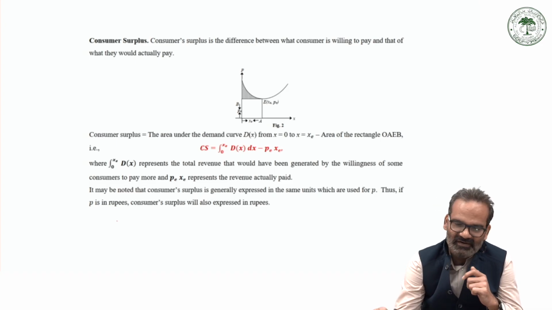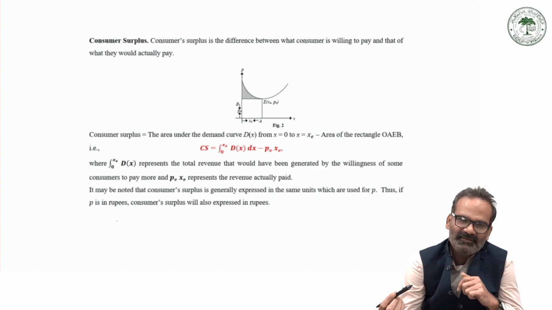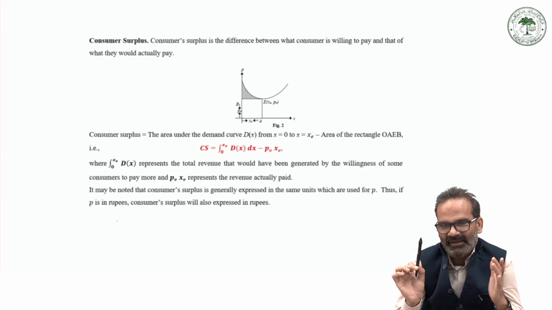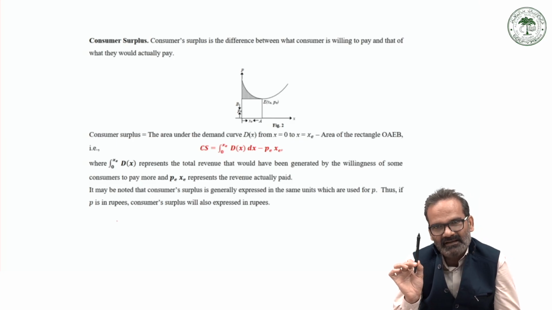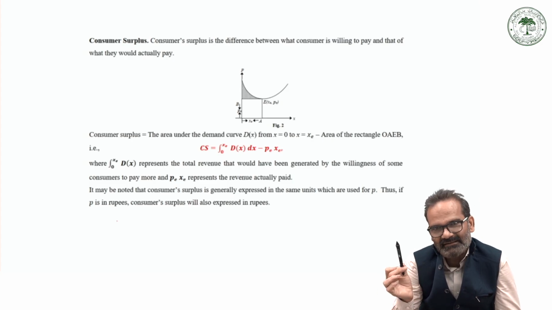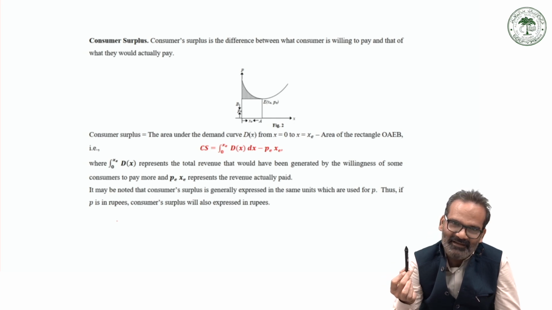This is the formal definition. For example, you are willing to pay 100 rupees for this pen, and when you go to the market, you are getting the same pen for 60 rupees.